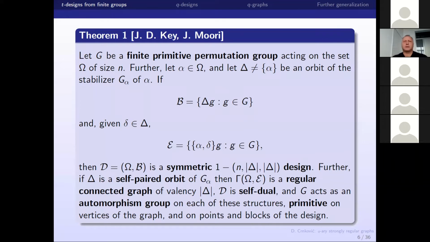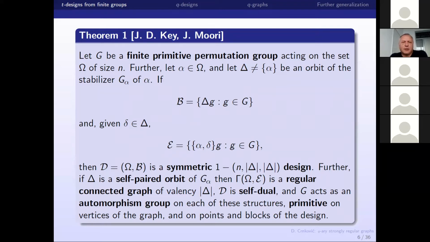So this is a theorem by Jenny Key and Jamshid Nouri, from the first decade of this century, maybe 2003, I think.